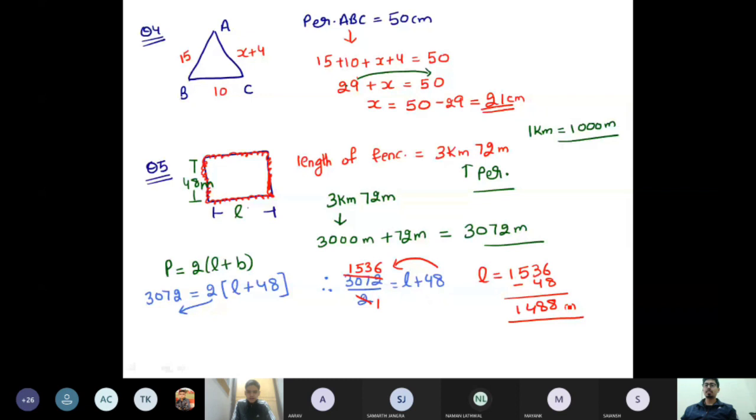Is it correct, students? Yes, sir. So 1488 is my required answer. That is the required length. Is it clear to everyone? Yes, sir. Okay, now everyone just write it down.